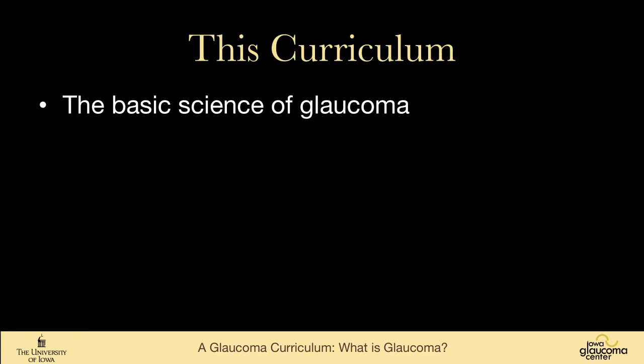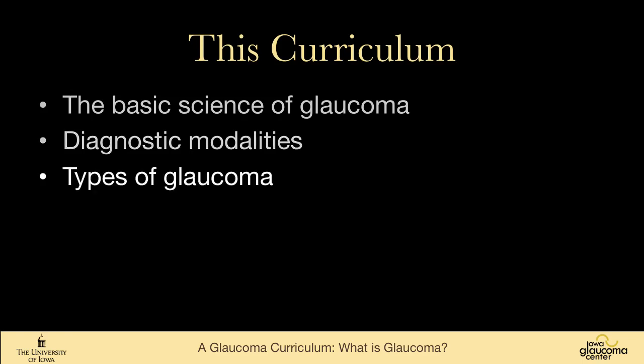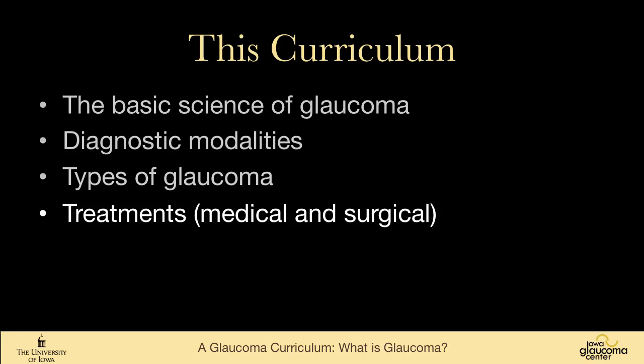So this curriculum going forward has 50 little talks that will cover the basic science of glaucoma, the diagnostic modalities like visual field testing and gonioscopy, the types of glaucoma in adults and children, treatments both medical and surgical, and then we add in hypotony because we almost always think about hypotony when we have curriculums or books about glaucoma.